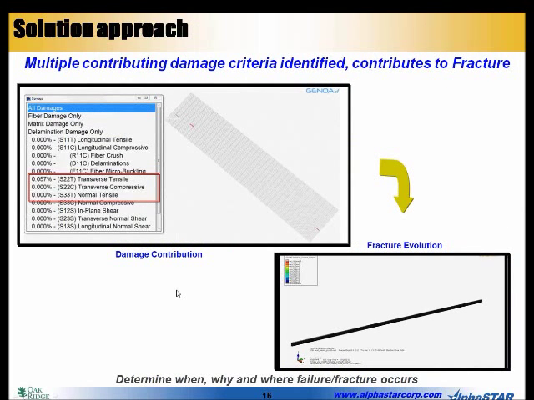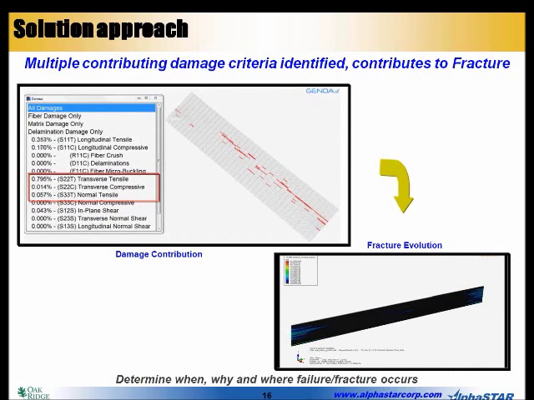Running the model gave us a lot of information about how cracks are initiated and where we can expect the cracks and what were the main drivers of these cracks. And on the lower right, you can see the crack formations and the location of the cracks.